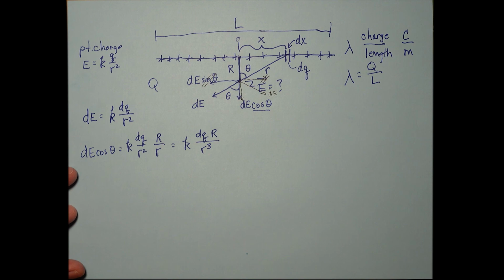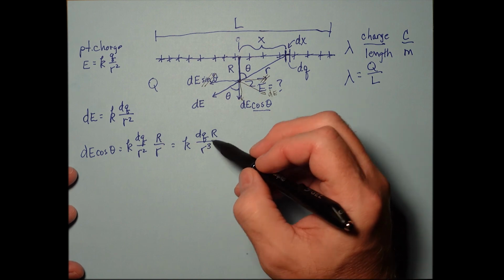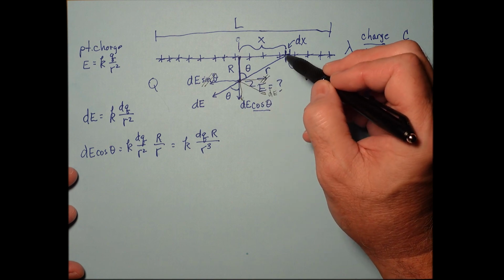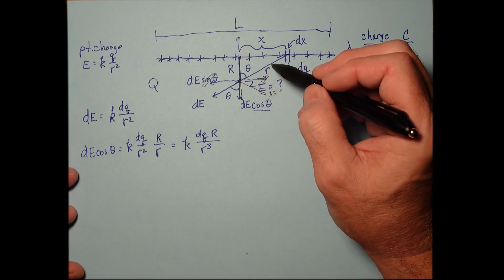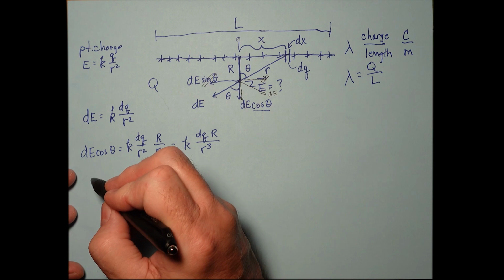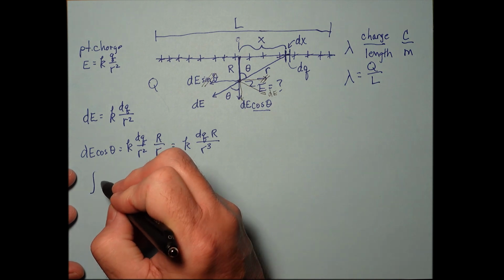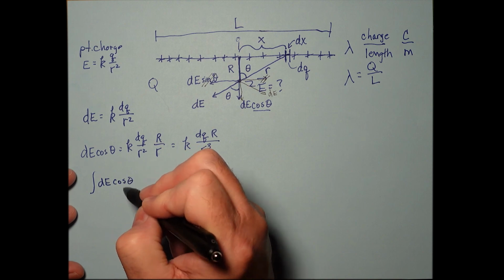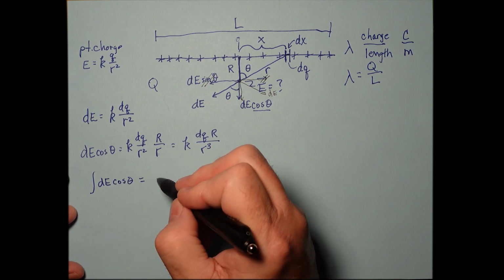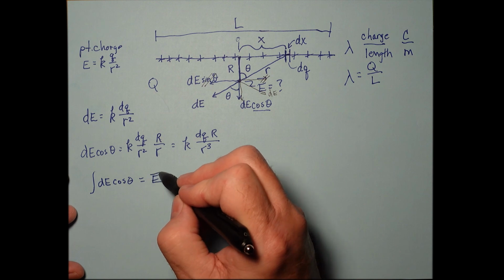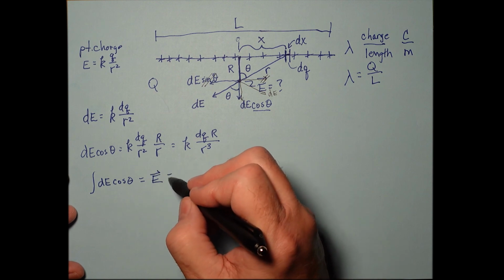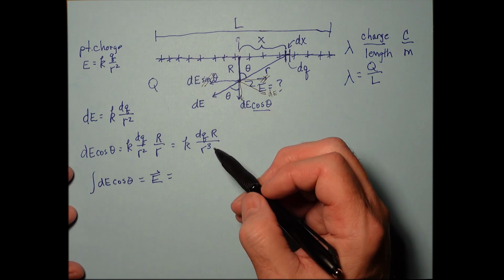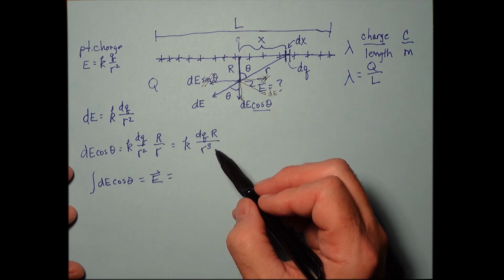Now r itself is a variable, and we need to be able to integrate this. Whenever we integrate over all the dE cosine theta terms, that's going to give us the total electric field. So this is the dE cosine theta, this is what we need to integrate right here.